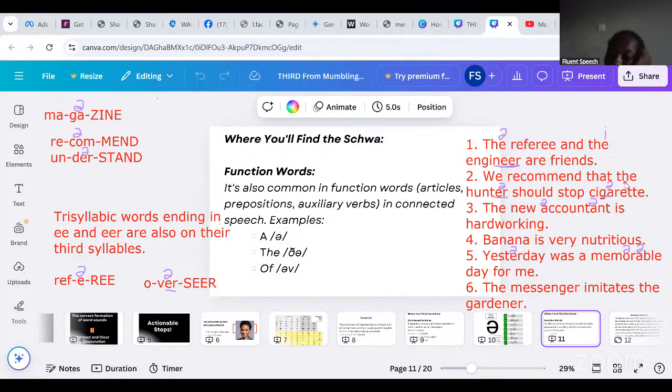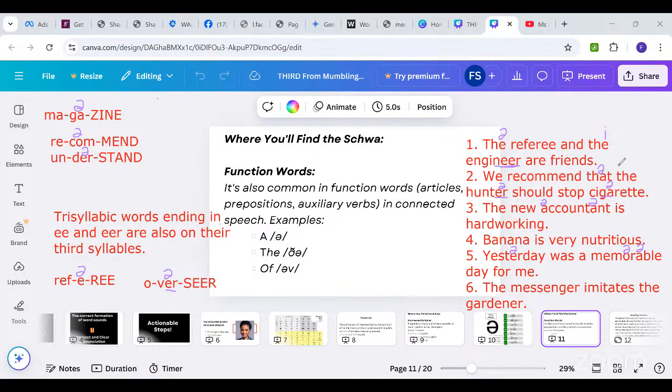The function words, again, we change the vowels there into a schwa. So instead of saying "we," I would say "we recommend that the," instead of "that the" it becomes "that the." Hunter should, instead of "should," it becomes "shood." We have schwas here.